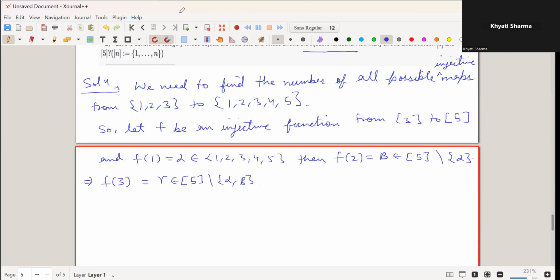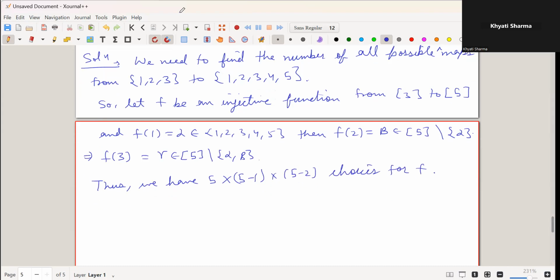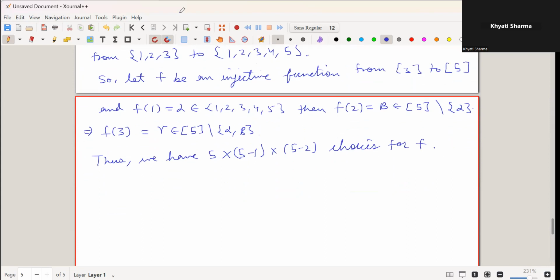So thus we have 5 into (5 minus 1) into (5 minus 2) choices for f, right? Because alpha can be chosen freely, then beta can be anything except alpha, and then gamma can be anything except alpha and beta. So there are these many choices.